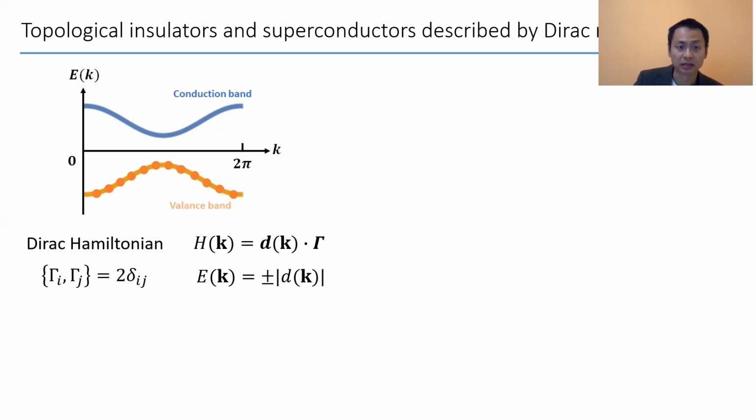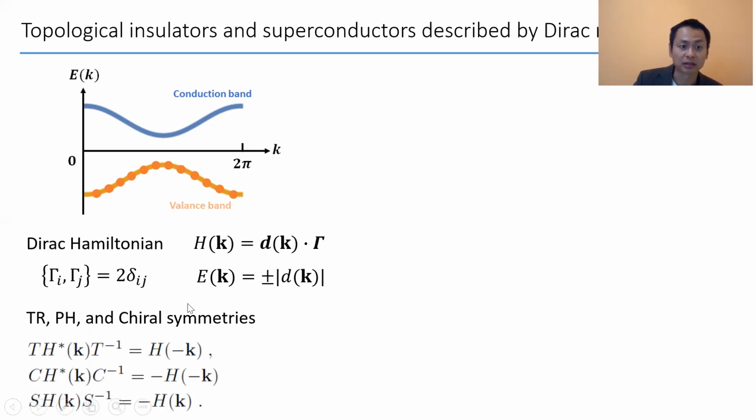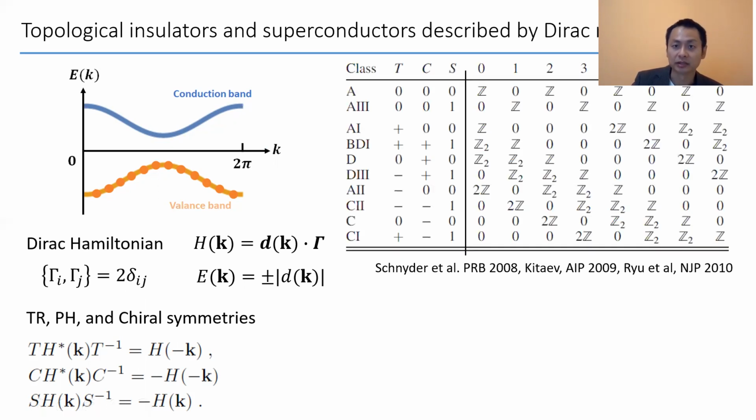Now, besides this description, the Dirac models can actually be classified by the time reversal, particle-hole, and chiral symmetries as described in these manners. And as a result of this classification, here comes this famous periodic table of all the topological materials, where the symmetries distinguish 10 different classes in this Cartan group theory notation. And according to the dimension from 1 to, let's say, infinity, hypothetically, you can have these topological systems in any dimension.